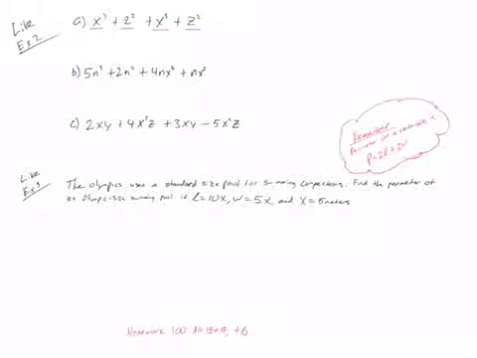Those ones are alike. Now it's not written in front, but there is an invisible 1 in front of these, right? Because 1 times x cubed is still the same thing as just x cubed. So we tend to not write them. Why write something you don't have to?